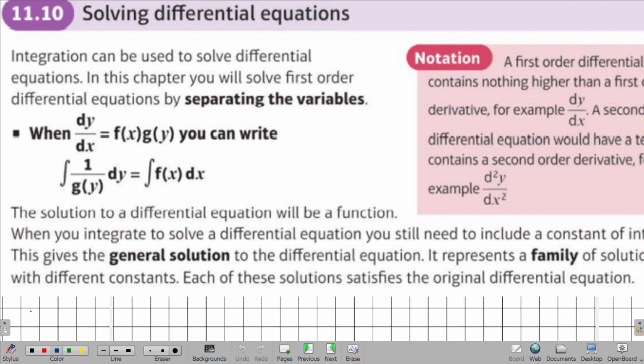There are quite a number of techniques you can think of. First order differential equations require separation of variables, which is basically grouping like terms. We do have other linear first order differential equations that cannot fit into this category of separating variables; you might want to use the integrating factor.